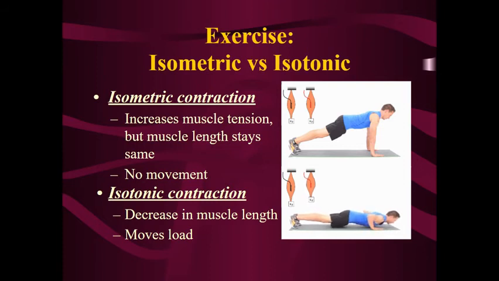And so that would be like doing that sort of action as you see in the picture on the top, where there's definitely tension in the muscles, but we're not shortening or moving anything. Isotonic contractions, on the other hand, will decrease muscle length and cause movement. So that's the easiest way to determine if something's isometric versus isotonic. Is there no movement or is there movement?